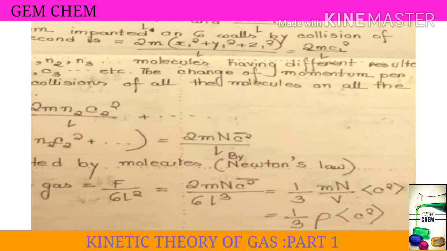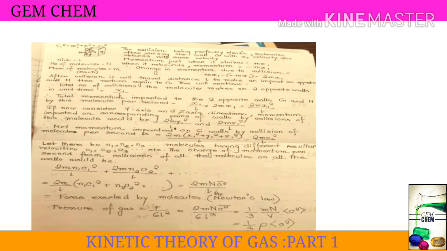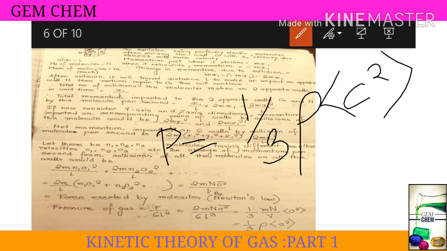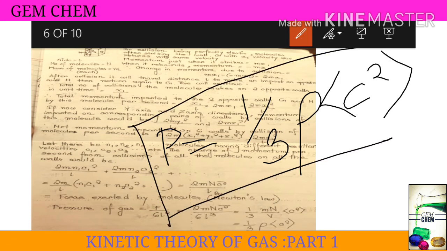So we get the pressure formula as 1 by 3 rho c square. This is an important derivation according to the kinetic theory of gas, and we write P equal to 1 by 3 rho c square. This derivation comes for the exams.